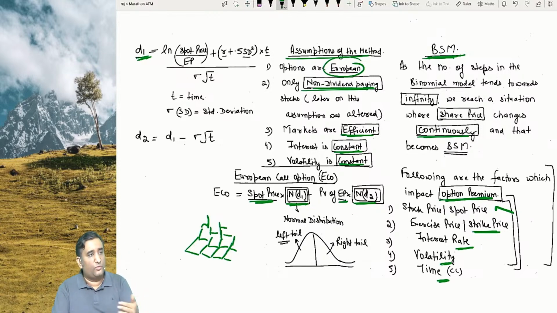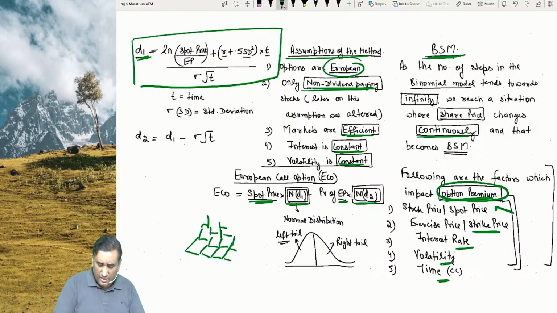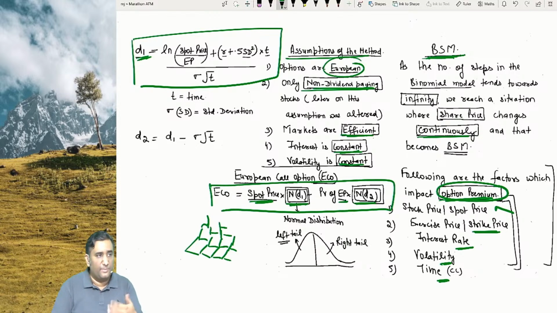What has to be done when you go back home? Certainly read. How does the option premium get impacted by change in factors? If you remember, you can roughly work out the factors, because that is something very common in theory.